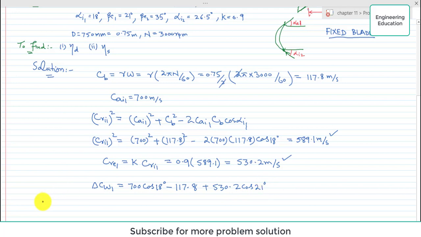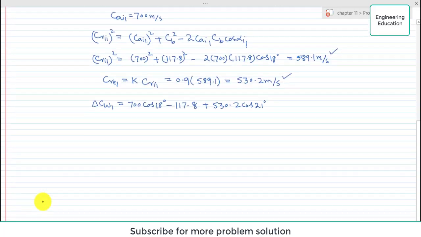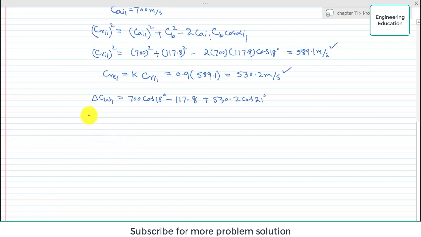Simplifying this, the value of delta CW1 comes out to be 1042.9 meter per second.